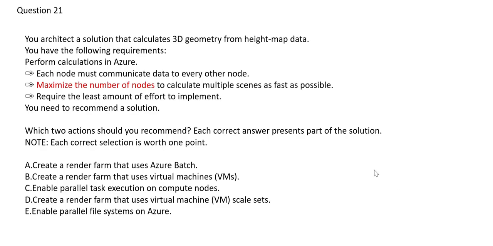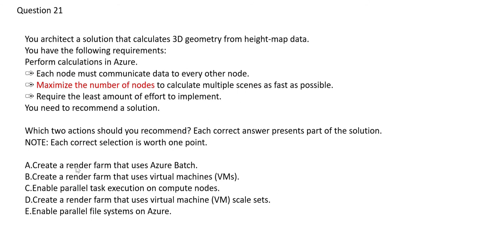So it is pretty evident that we will need super computing power, because you are calculating a 3D geometry, so it requires super compute power and a lot of compute. This is the basic crux of this story.